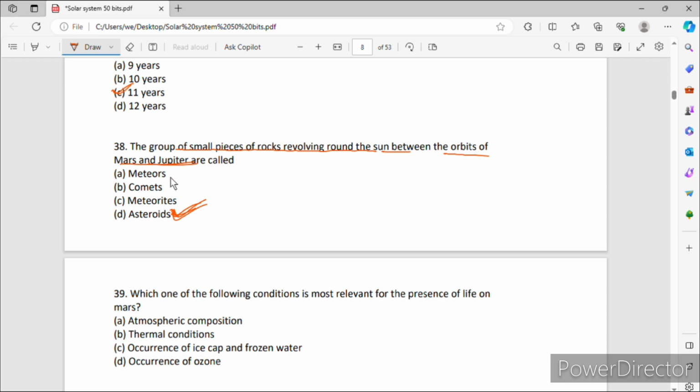So those are meteors, and where it reaches, there will be a formation of comet. A comet is nothing but from the surface of that rocky object there is some vaporization that takes place because of powdery material on the rocky surface or due to icy particles. So that will form as a tail. So that is called a comet. Okay, for this 38th question the answer is D.